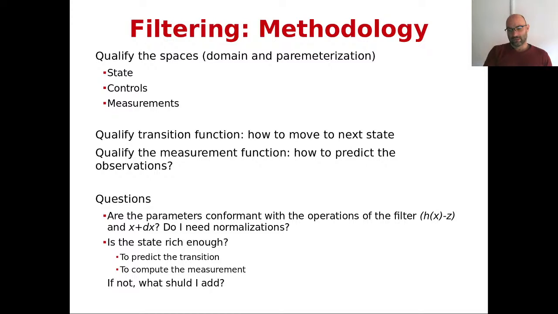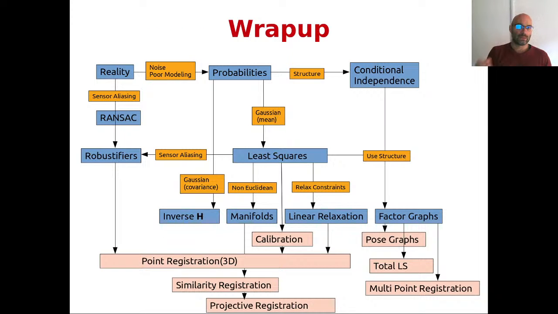This closes the first part of the course, and then we have the second part, which is the least squares epoch. Once again, we started from reality, then due to the noise and poor modeling we can capture it with probabilities. And once again, with structure, we come to a certain notion of conditional independence that will allow us to do some inference.